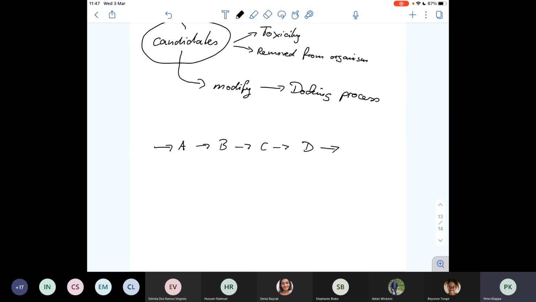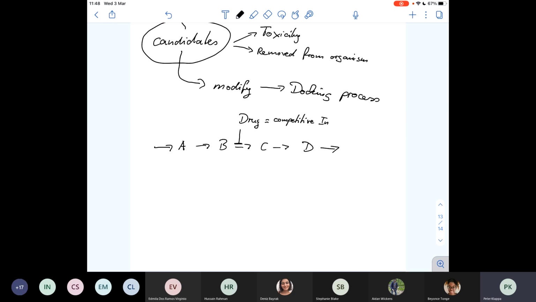And we decide that we inhibit the enzyme that catalyzes the reaction between B and C. So this is our drug that we've developed. And this drug is a competitive inhibitor. Right. So far, so good. We found our drug. We found a good competitive inhibitor.